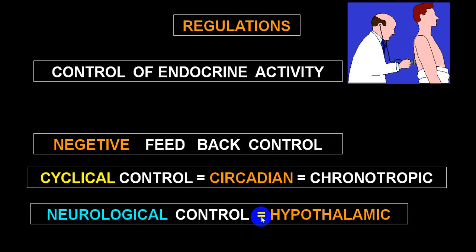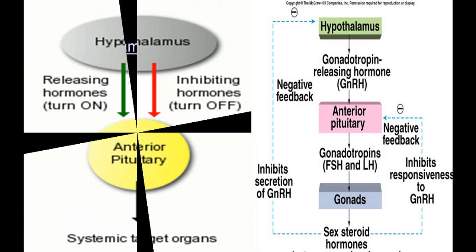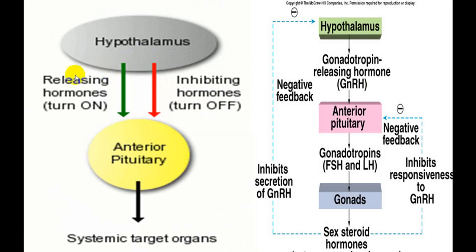It has got a neurological control by means of hypothalamus. Hypothalamus will be acting on a pituitary gland by release of those different hormones. So hypothalamus will be releasing hormones, that is turn on, or it will release inhibitory hormone, that is turn off, and it will stimulate or inhibit the anterior pituitary to secrete the hormone or to inhibit the hormone.